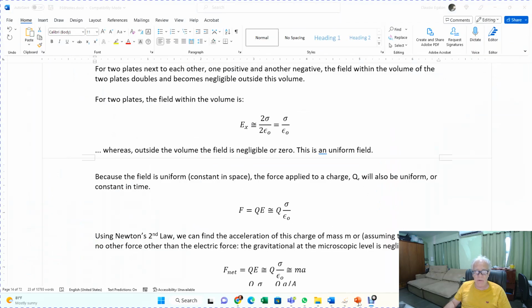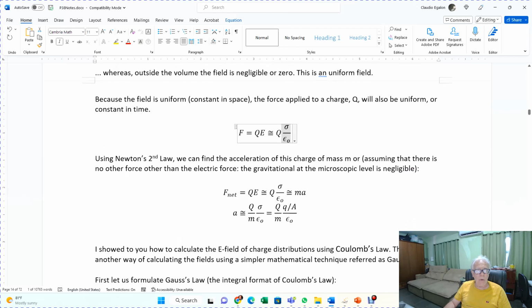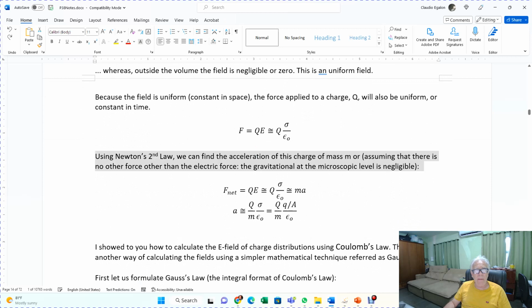And this force is going to be given by the charge times the field, which is approximately Q sigma over epsilon naught. Using Newton's second law, we can find what the acceleration of this charge of mass m is going to be, assuming that there's only an electric force, right?